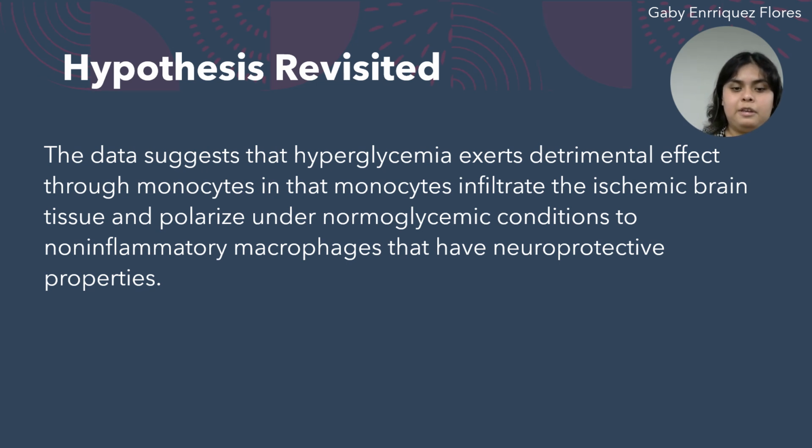So in the end, monocytes and macrophages are essential parts of infiltrating the ischemic brain tissue, and hyperglycemia has a deep effect on that. And just to clearly state the hypothesis, our hypothesis was supported.